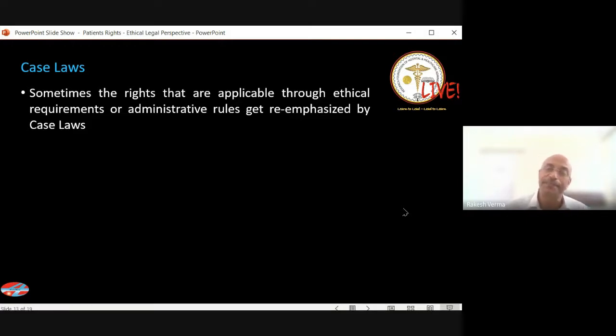That means if a judgment is given by a Supreme Court in a certain manner, then it becomes applicable as the case laws. Now, one more aspect is that sometimes the rights that are applicable through ethical requirements or administrative rules can also get re-emphasized by case laws.